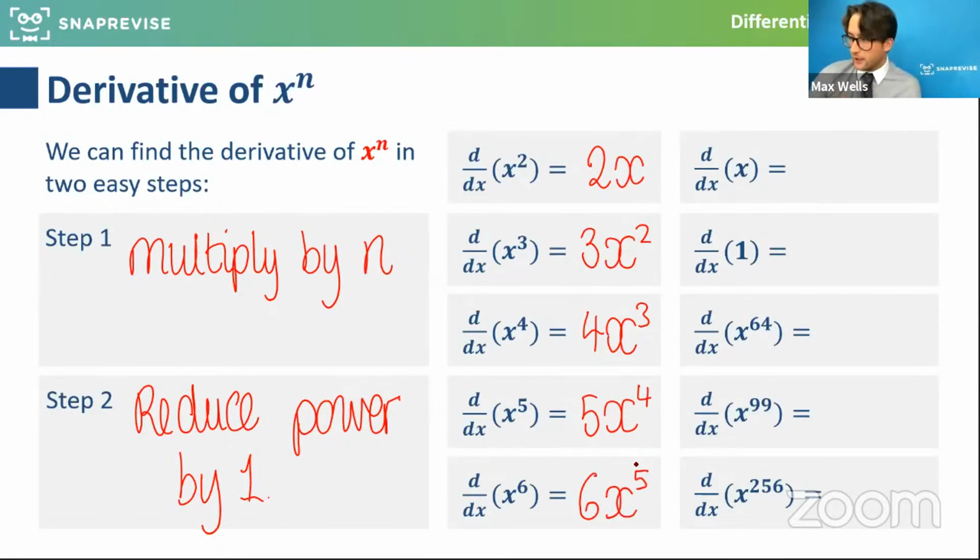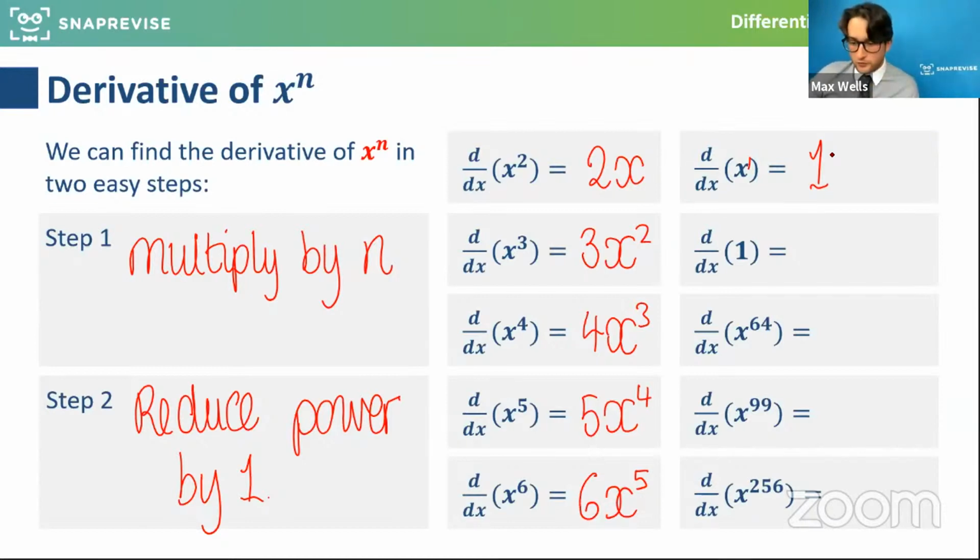That's lovely. The next one up here, the derivative of x. So what do we reckon? Yeah. So think of this as x to the 1. The derivative of x to the 1. That would become 1 x to the 0. Now, x to the 0 is 1. 1 times 1. So that just differentiates to 1 because it will become a constant. Hopefully that's clear.